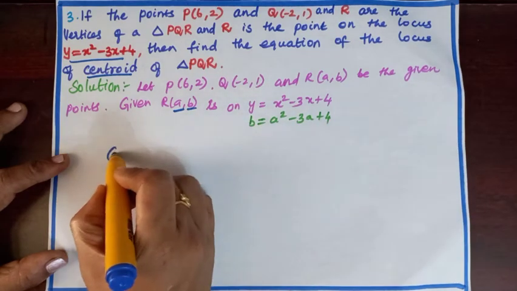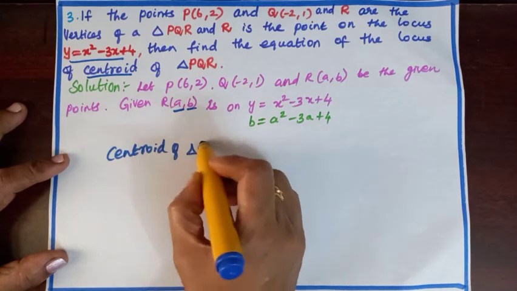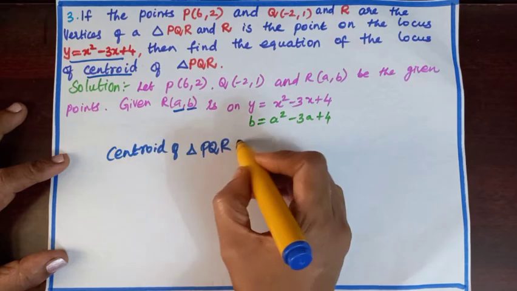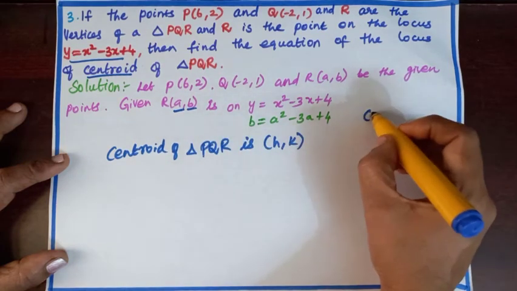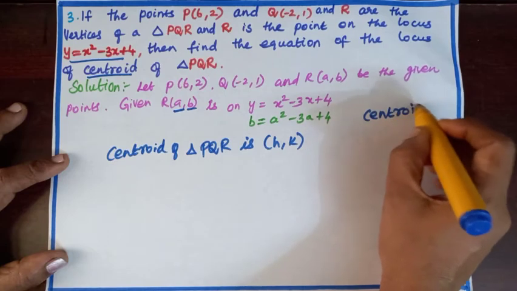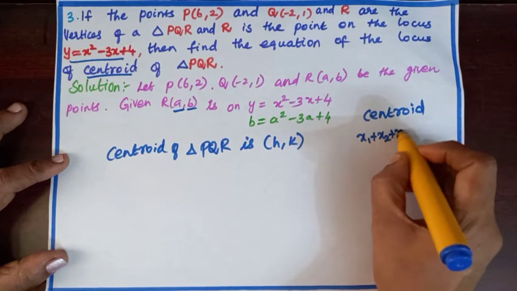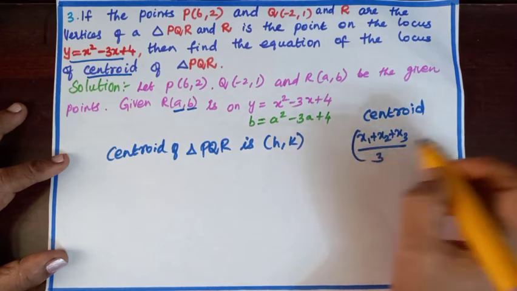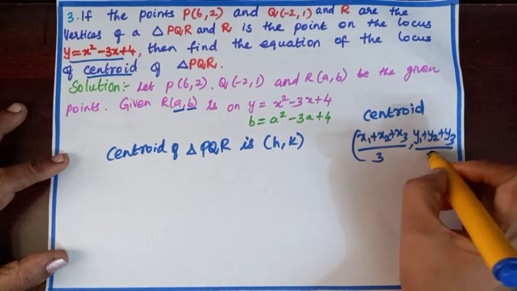Now we need to find the centroid of triangle PQR. The centroid of triangle PQR is (h, k). The centroid formula, you know already: (x1 plus x2 plus x3) by 3 comma (y1 plus y2 plus y3) by 3.